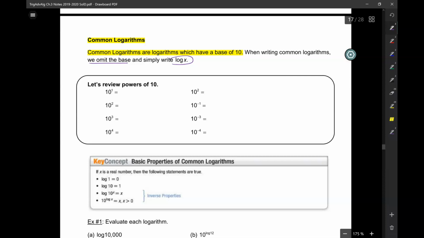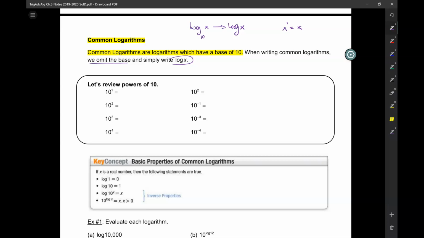So for example, if I have log base 10 of x, I can just write that as log of x, right? Just like we never write x to the power of 1, do we? We just write x and we understand that it's a 1. It's the same thing with the bases of 10. Okay?